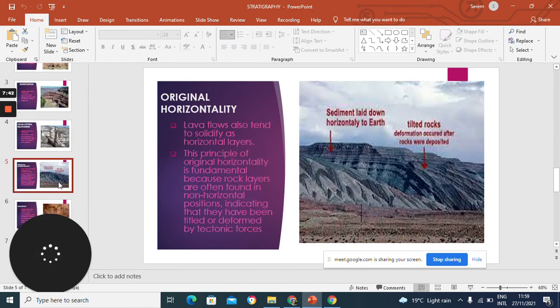After that, we looked at the principle of horizontality. So in the principle of horizontality, we looked at the rock layers, which indicated that lava doesn't only solidify vertically but also solidifies horizontally, so that what exists today is a result of external forces, e.g. tectonic forces, which have caused the rock to alter.